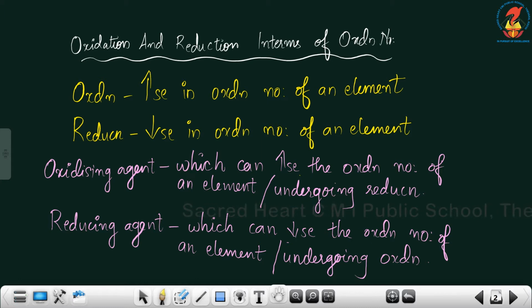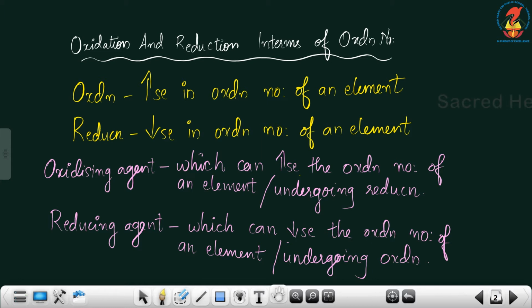So in terms of oxidation number, oxidizing agents are the species which can increase the oxidation number of another atom or element, and they themselves undergo reduction, that is, a decrease in oxidation number.